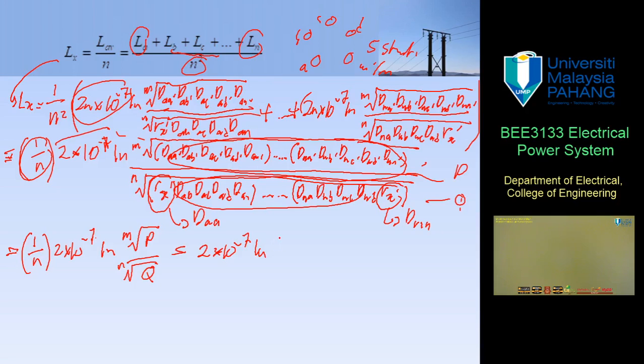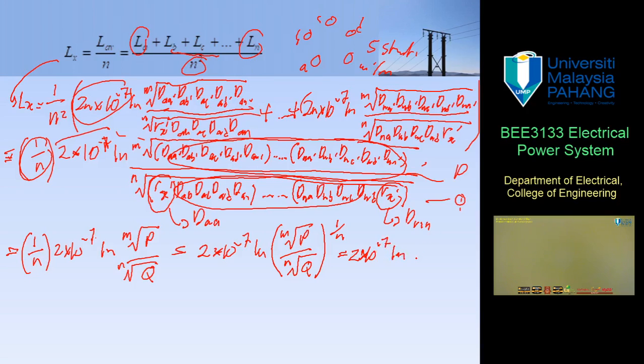So it becomes MP and Q, then we get 1 over N. So 1 over N itself is, again I write it back, multiplied with 10 to minus 7 ln.